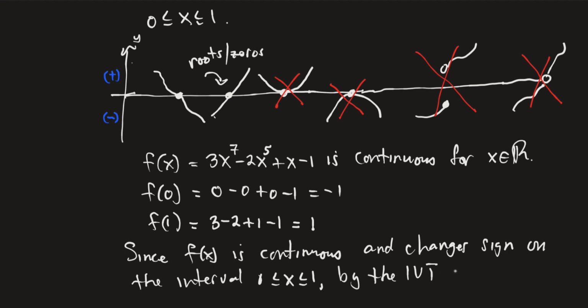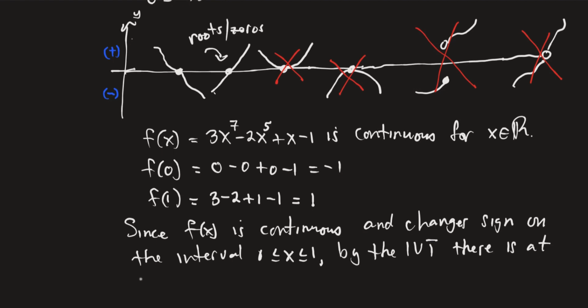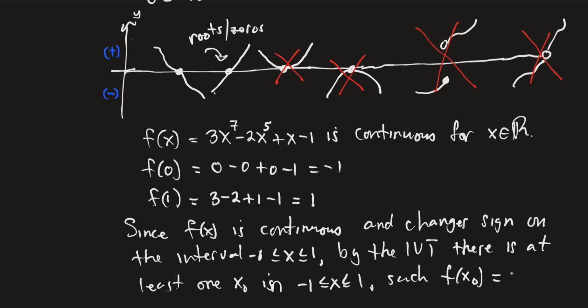So by the IVT, there is at least one x0 in the interval, oh, I forgot a negative sign there, in the interval, such that when I plug it into my function, I have to get 0, right?